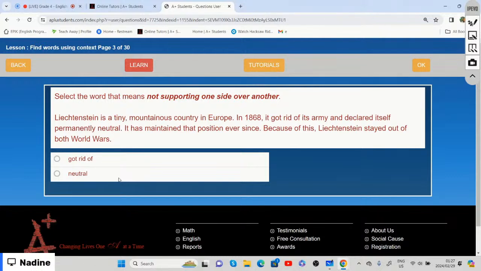So we need to select the meaning of not supporting one side over another. If you're not supporting one side over another, does it mean that you got rid of something, or that you are neutral? What is the correct word? Got rid of, or neutral?